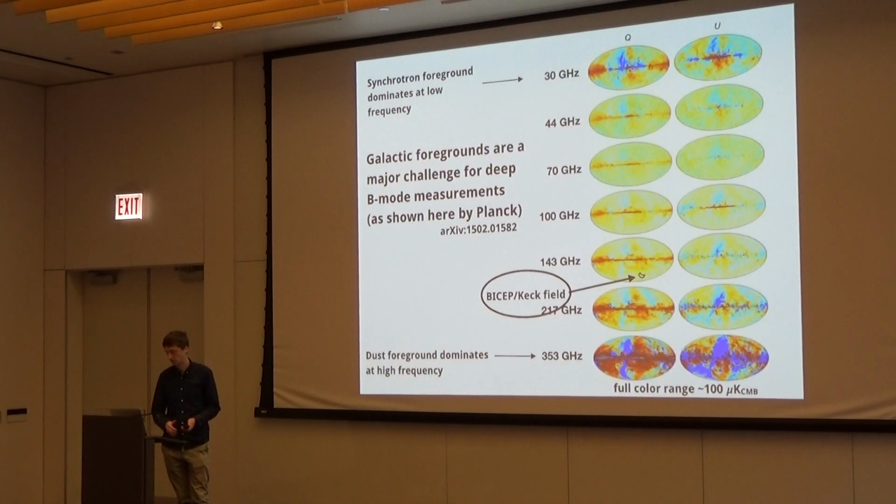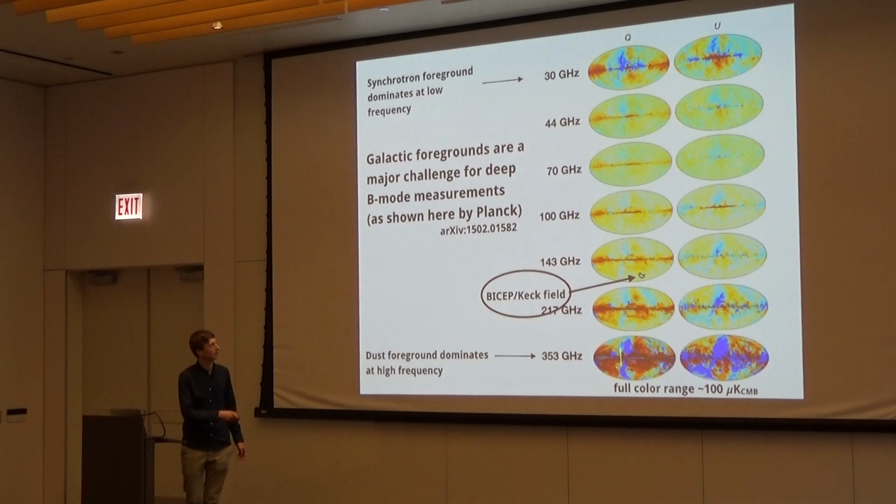Now, if you go back and look at these maps again, what we can see is that these foreground signals, their amplitude is changing significantly with observing frequency.